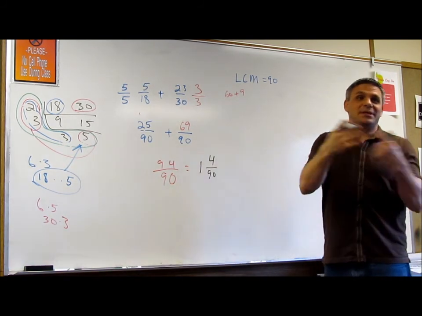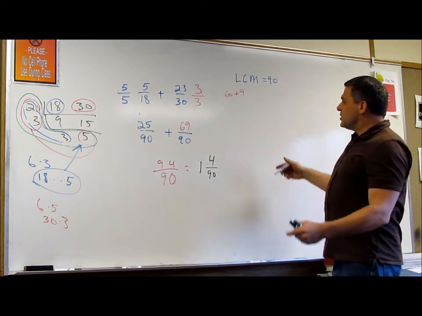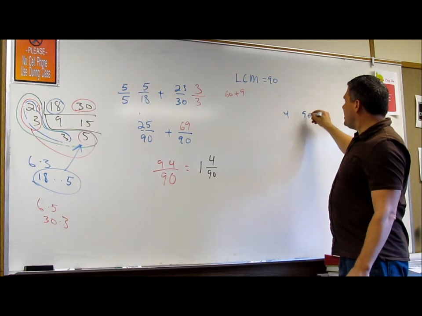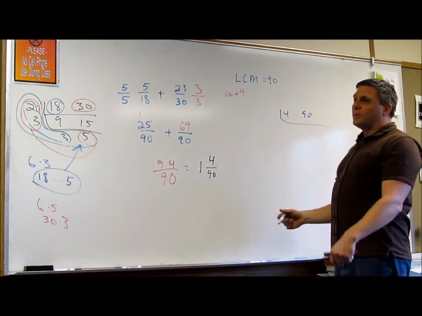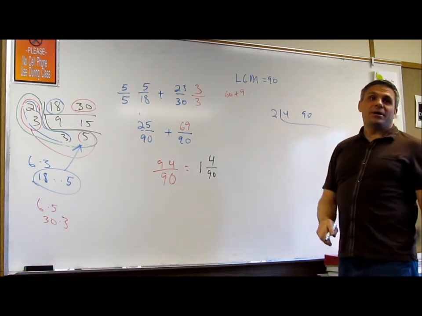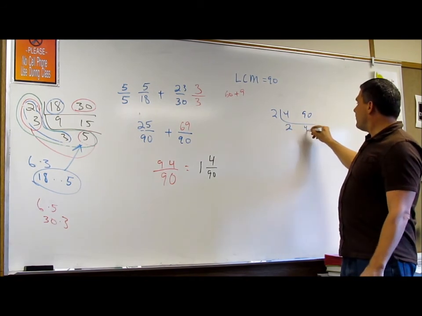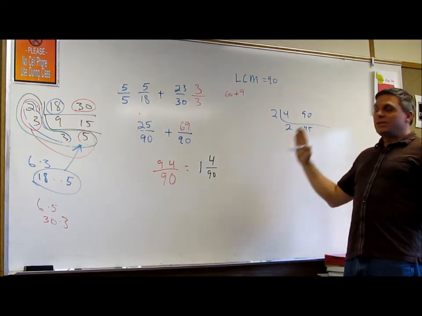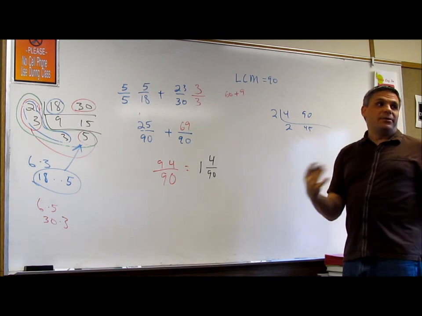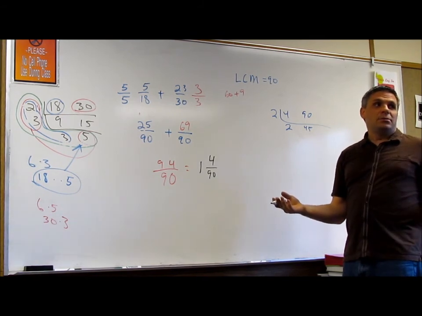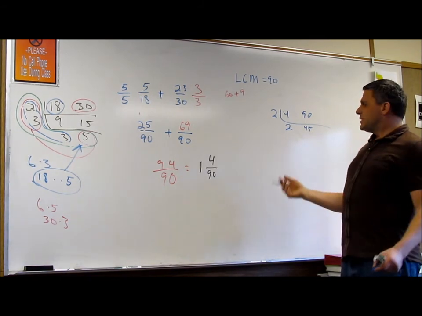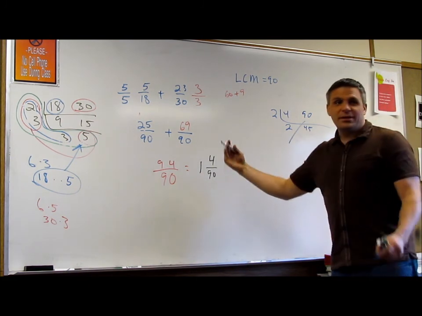That's why we use these. Right? So if you look at 4 and 90, what number goes into 4 and 90? Well, I know 2 does, right? Twice and 45 times. But does any number go into 2 and 45? No. So guess what? Wham! That's all it is.